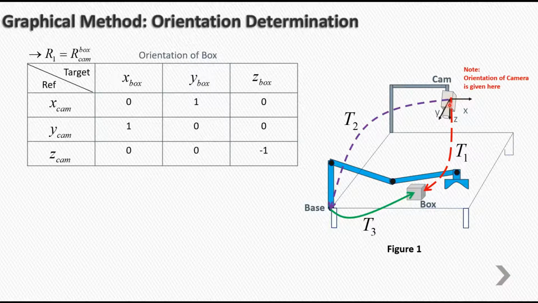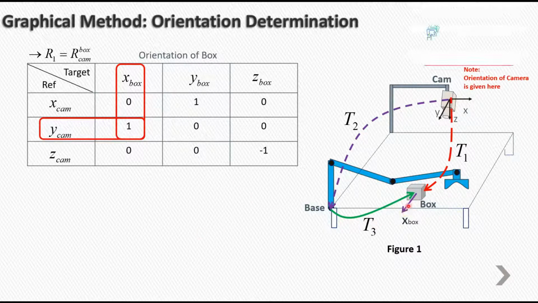The first step is to find the coordinates with the non-zero values. For this case we have a relation between x box and y cam, y box and x cam, and z box and z cam. First we determine x box to y cam. It is positive, which means the box x follows the positive y of the camera, so we can draw the positive arrow here.